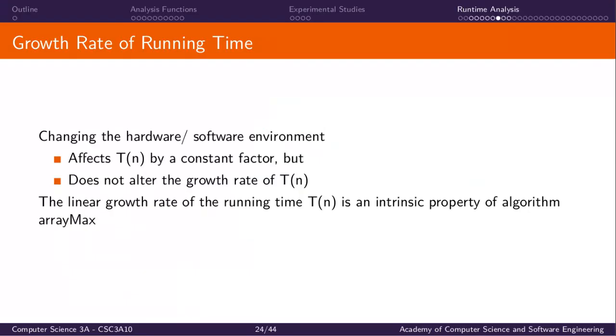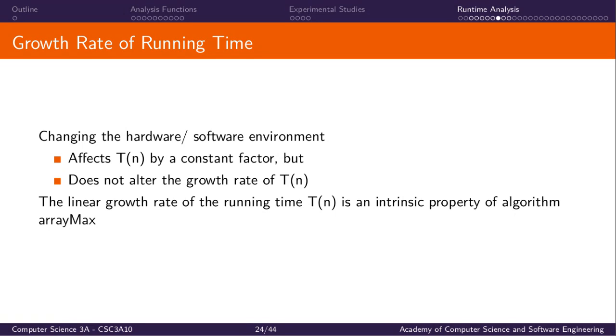So what does changing the hardware and software environment actually do? What we realize is that because the primitive operations take a different amount of time on different combinations of hardware and software, it actually affects T(n) by a constant factor. It doesn't change the number of primitive operations. It simply changes the time that each primitive operation takes.